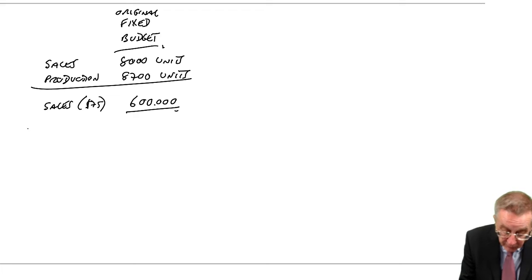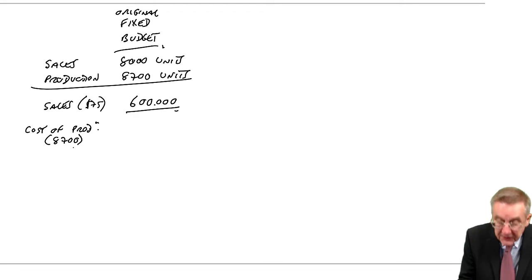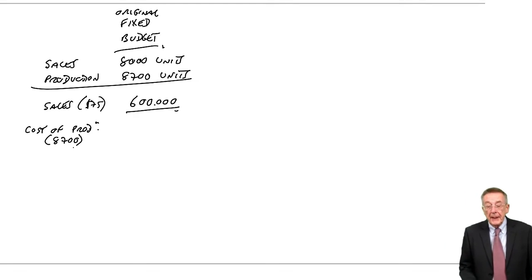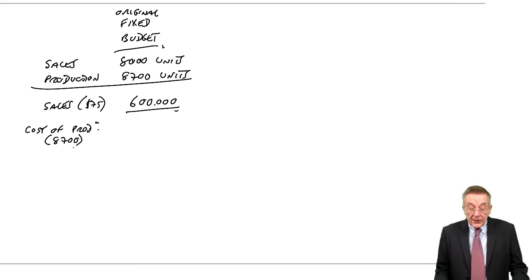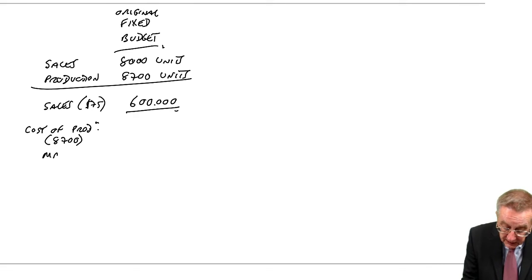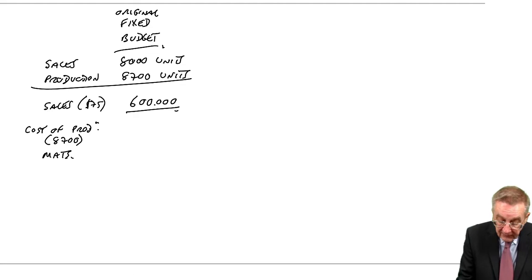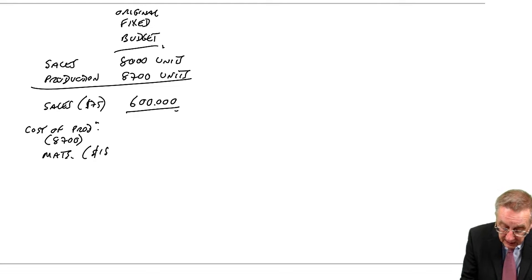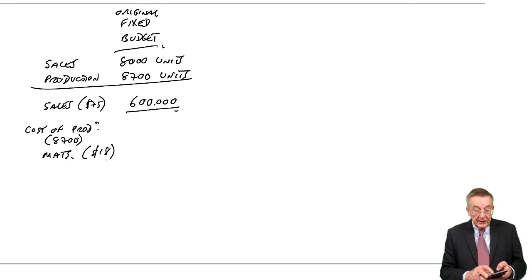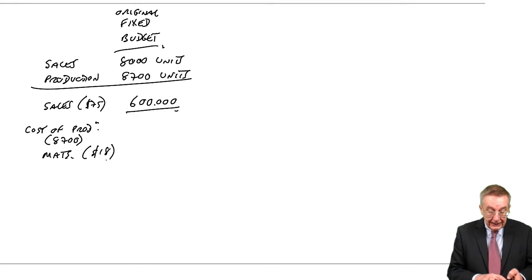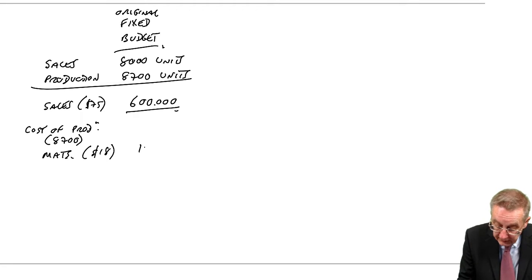Well, let's write down first of all the cost of production. And remember, they were budgeting on producing 8,700. And so the cost of production, well, materials, 18 a unit from the cost card. So we expected to spend 156,600.